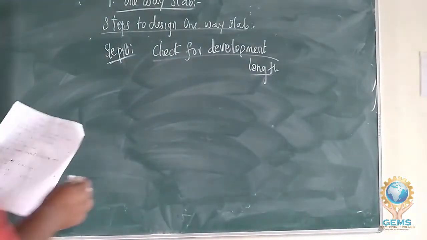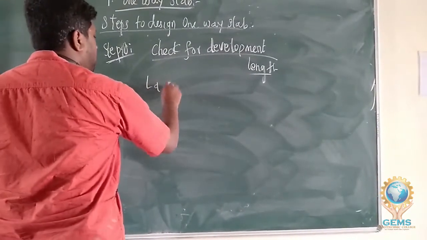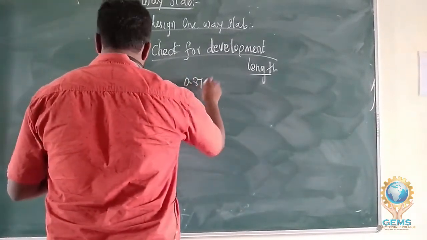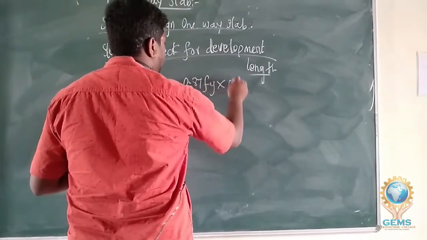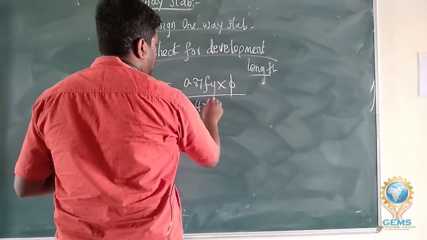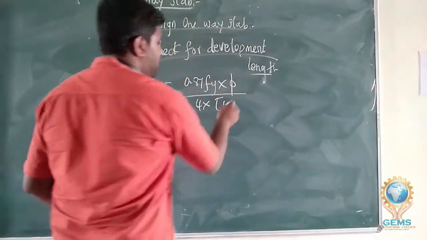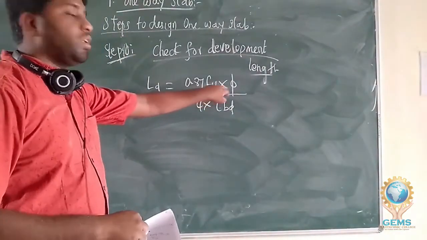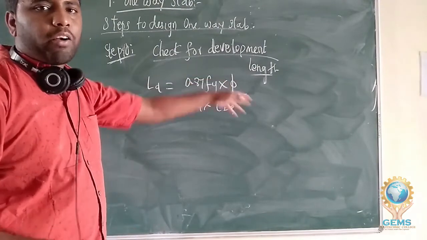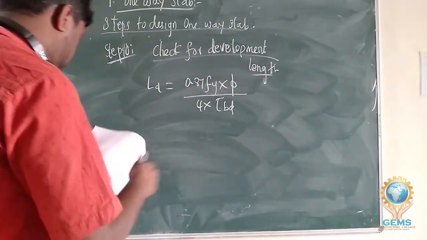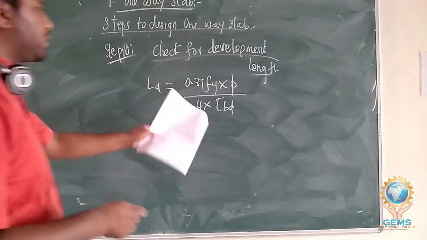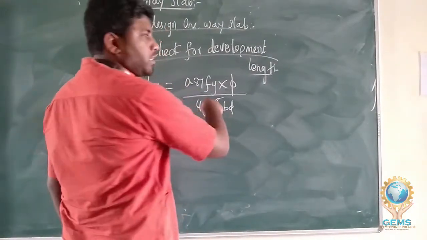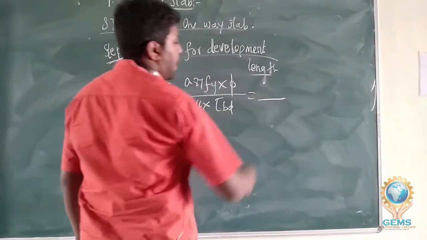So there is a formula. Development length is equal to 0.87 fy into phi divided by 4 into tau bd. Tau bd is the bond stress. If you take the bond stress, you know how to take, right? So 0.87 fy into dia of the bar, which is 10. Already I told you, you want to assume the bars. After substituting these values, you will get the answer.